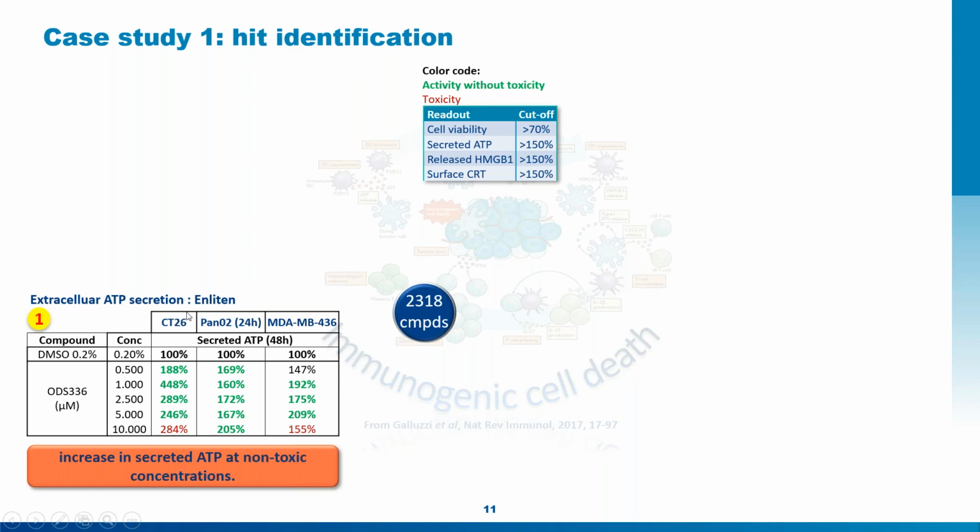And you can see here that on multiple cell lines, so 2 mouse and 1 human, this compound is able to generate secreted ATP. What we want is the ability of a compound to induce ATP secretion without inducing the full death of the tumor cells.